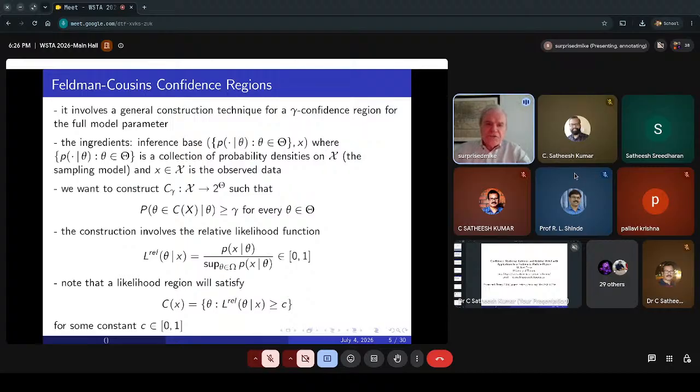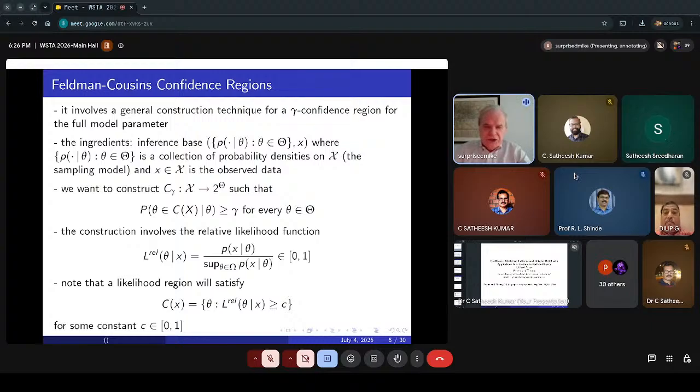Okay, so what is a Feldman-Cousins confidence interval? So we have ingredients. What are the ingredients? Well, they have a model and data, and I call that an inference space, right? I'm not just describing the physics context here, I'm describing the situation in general. So the model is comprised of a bunch of density functions, my p indexed by theta, right?